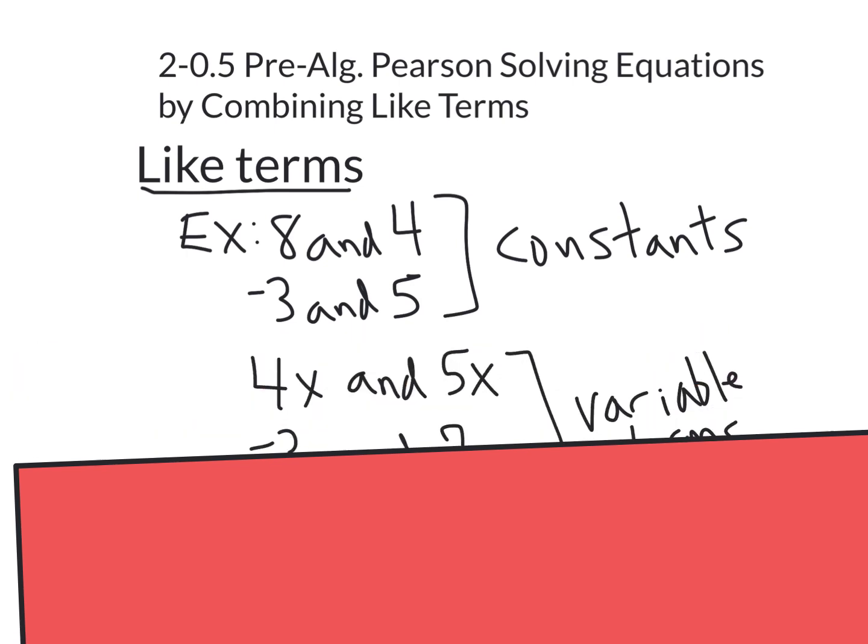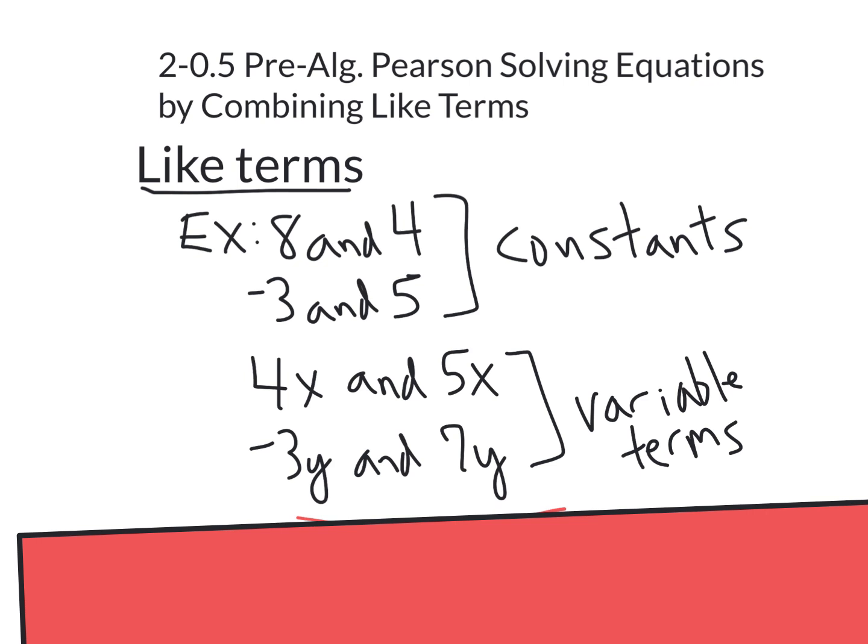Besides constants, we can also have variable terms. So for example, 4x and 5x are like terms. -3y and 7y are like terms.